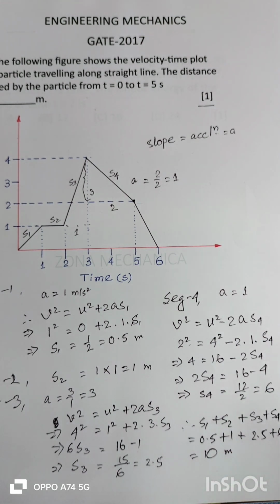Since it is a numerical answer type of question, the answer will be in a range, and the range for this question is 10 to 10. That means they have asked the exact value, that is 10.